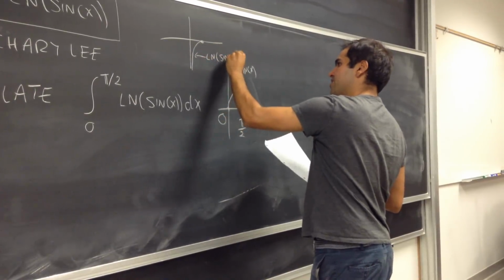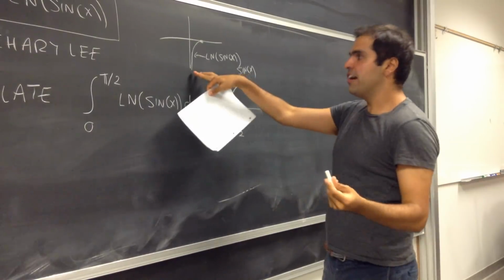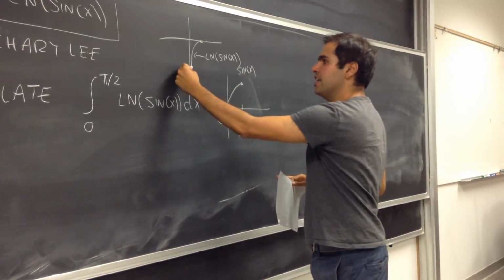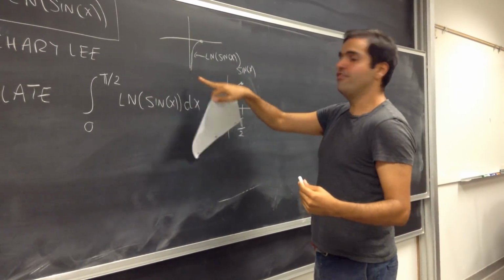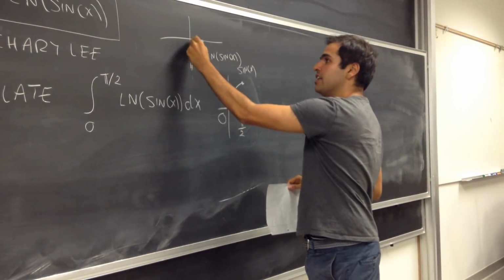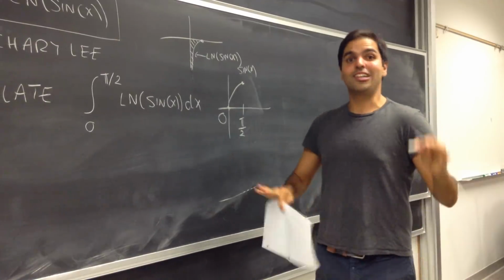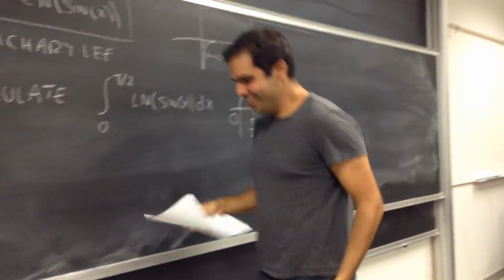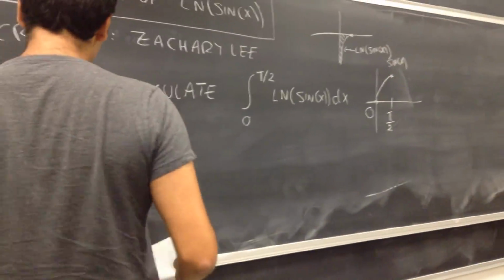It is a very interesting function because even though the function is infinite at 0 plus, the area under it will still be finite. Whoa. Okay. And so how do we do this?